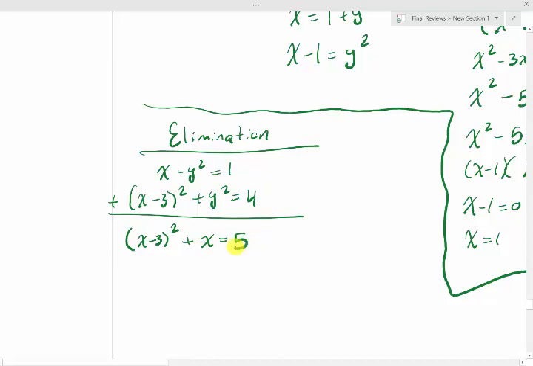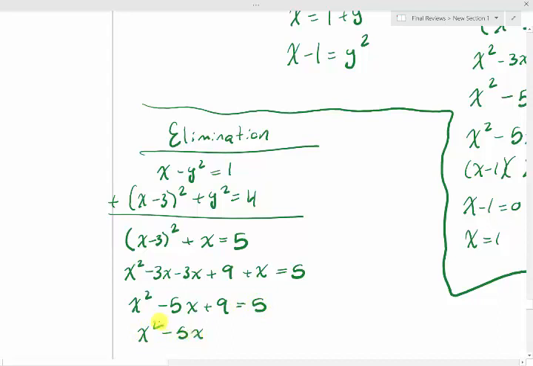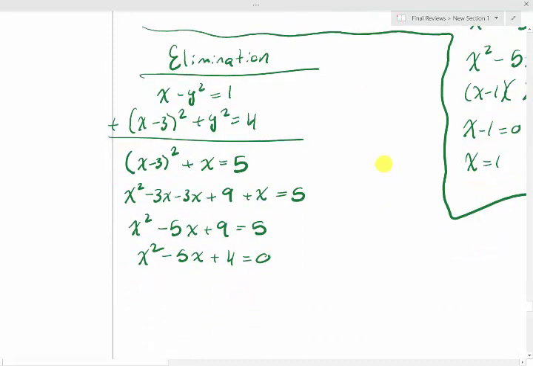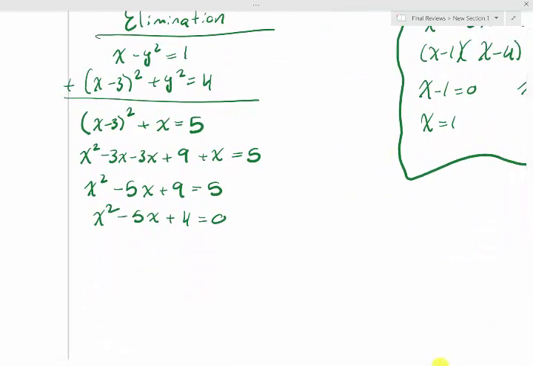And I'm going to do the same thing I was doing before. I want to expand everything, get everything on the left-hand side, and factor. As you can see, we get the same quadratic equation we got from before.